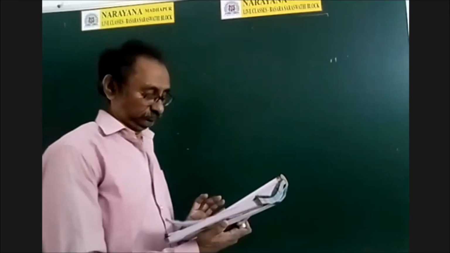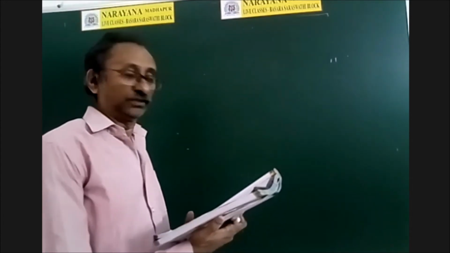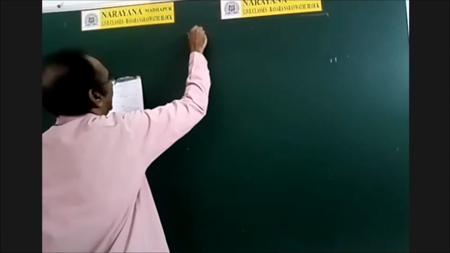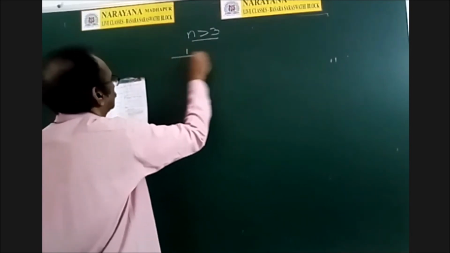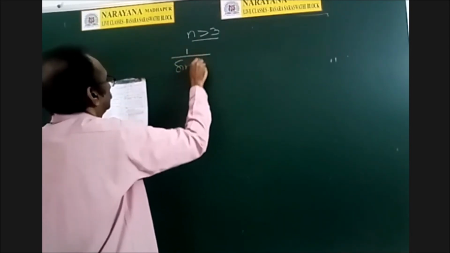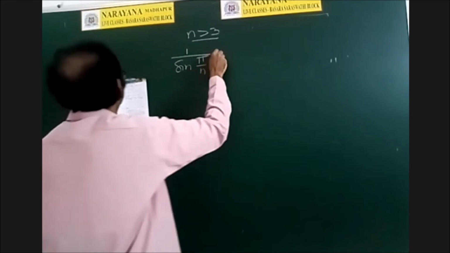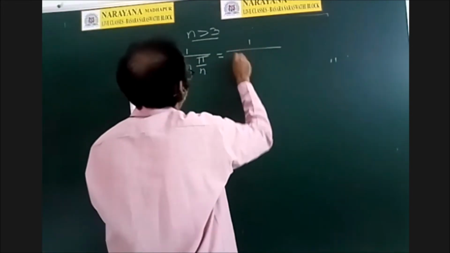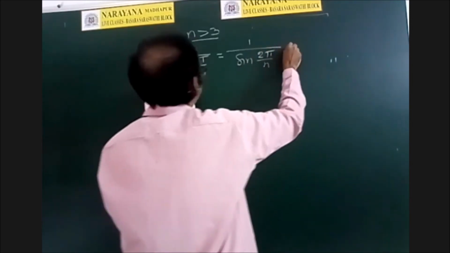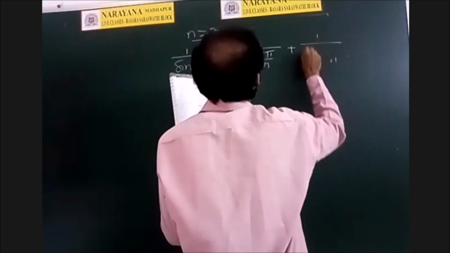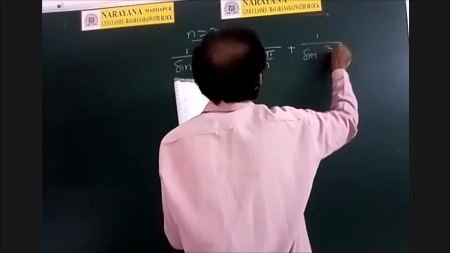See, 23rd problem. The positive integer value of n greater than 3 satisfying the equation 1 by sine pi by n is equal to 1 by sine 2 pi by n plus 1 by sine 3 pi by n.